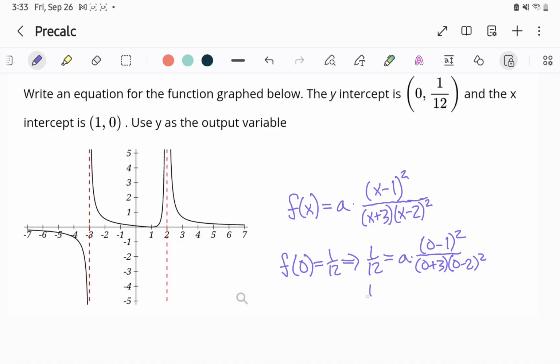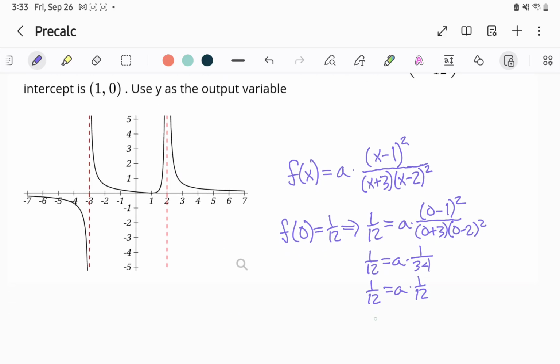And so we have that 1 over 12, just simplifying what we have on the right, equals a times, and then we're going to have (minus 1) squared, which is 1, over 3, and then (minus 2) squared is going to be 4, so 3 times 4. So we have 1 over 12 equals a times 1 over 12, and so a is equal to 1.